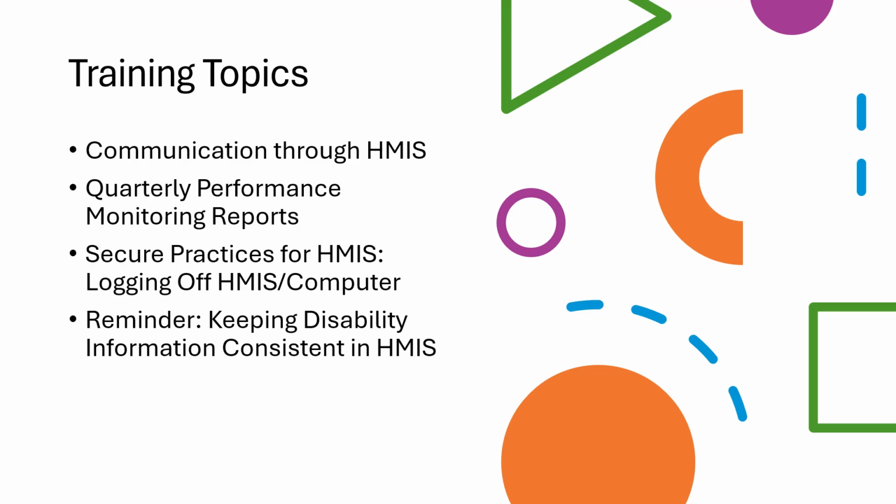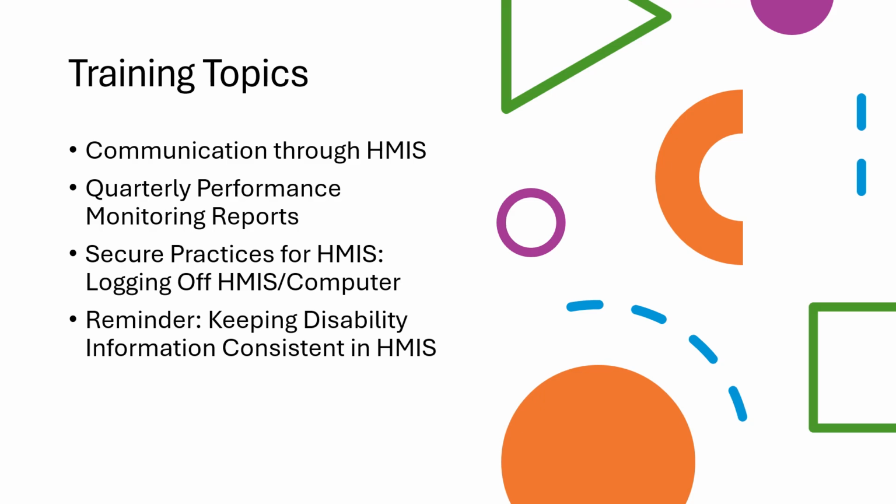We'll be discussing quarterly performance monitoring reports, and these will be the same as the annual performance monitoring reports. This will just give you a quarterly update so we can see where our programs are a little bit more frequently before we get to the annual performance monitoring reports. I'll go over a secure practice for HMIS, something simple as logging off HMIS and your computer, and a reminder.